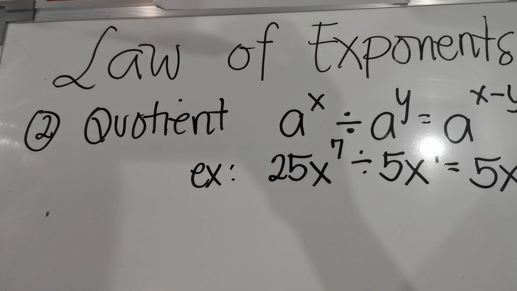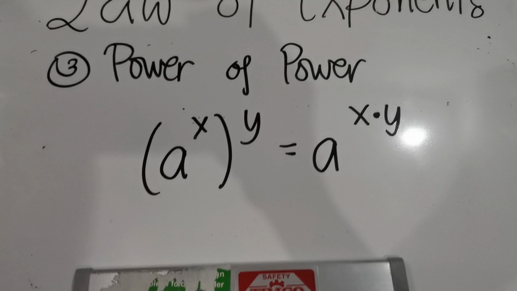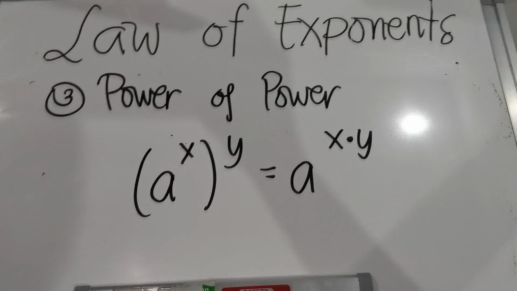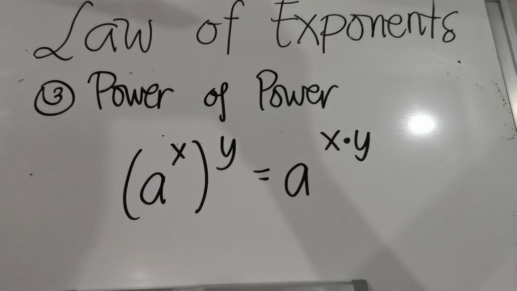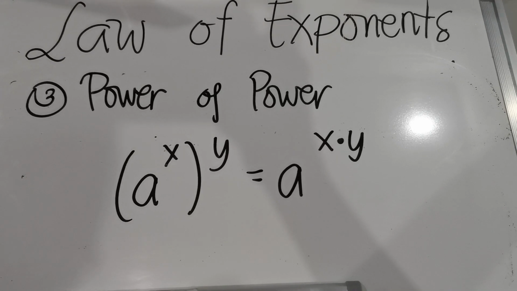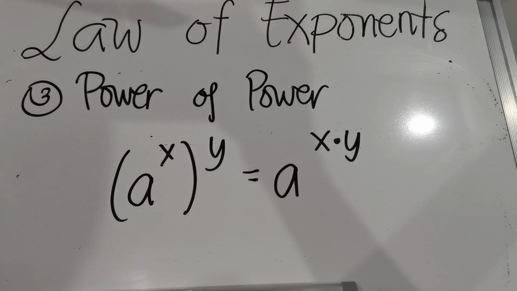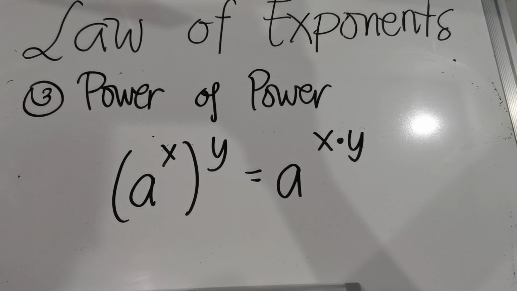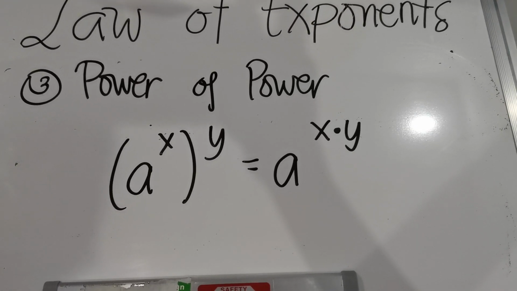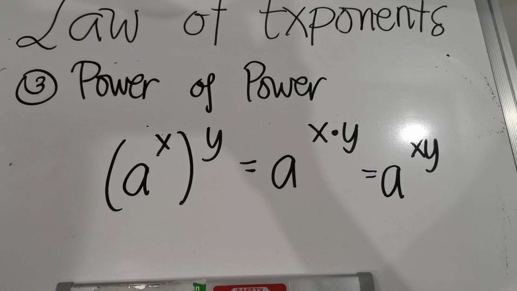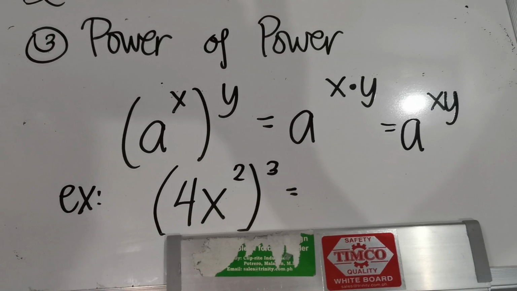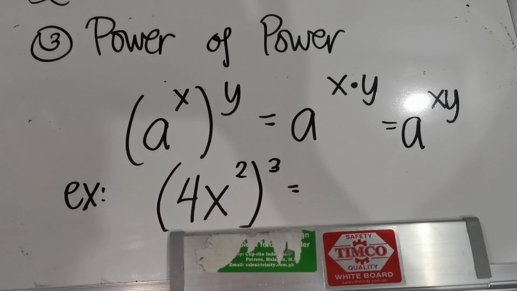So, let's proceed with the third law. So, the third law is the power of power. If we have the given a raised to x raised to the power of y, ang gagawin lang natin, class, is copy the base, which is a, and then get the product ng ating mga power. So, x times y. So, therefore, a raised to x times y. Yan. And then, say for example, we have 4x squared raised to the third power.